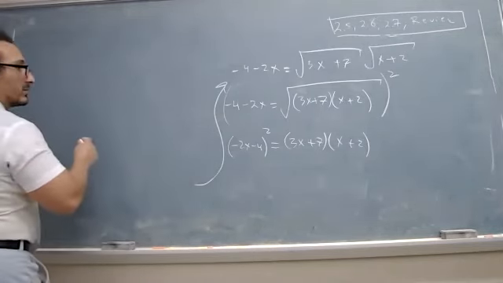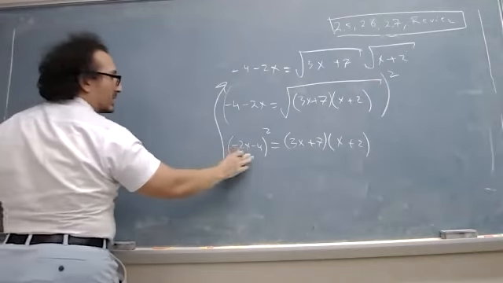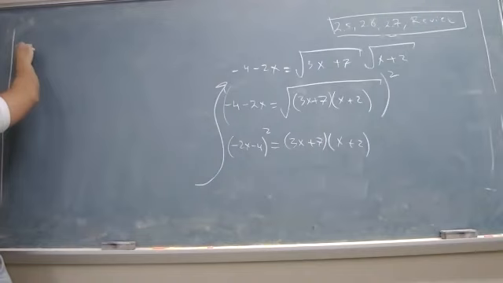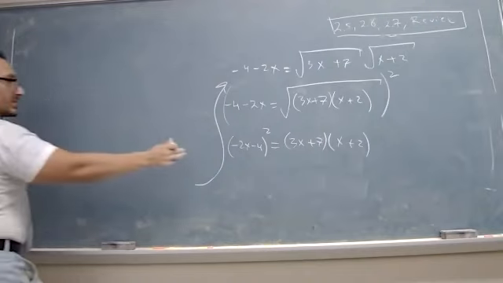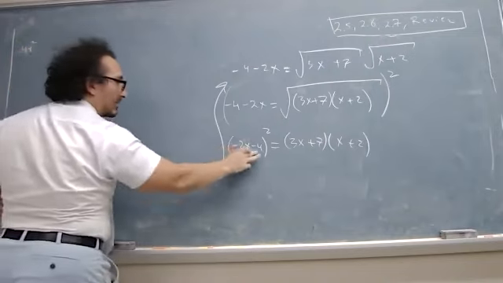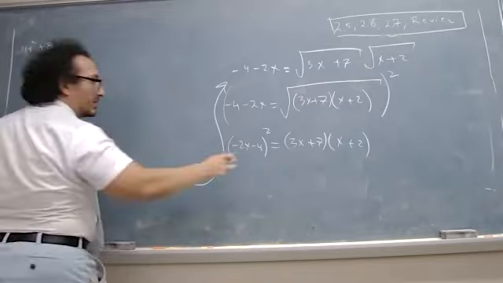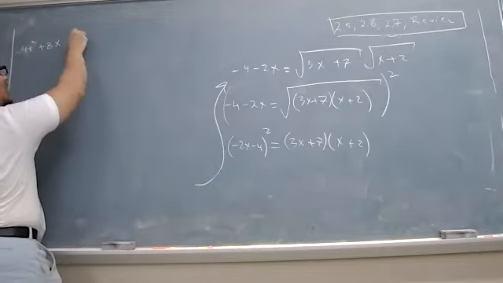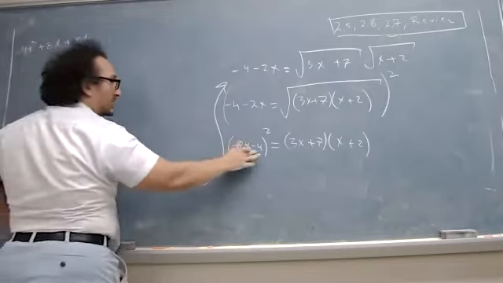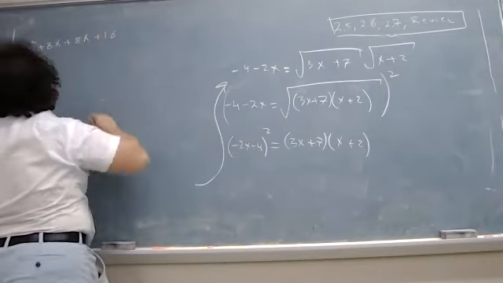So then notice this times itself is 4x squared. That times that is a positive 8x. That times that is a positive 8x. This times itself is a positive 16.